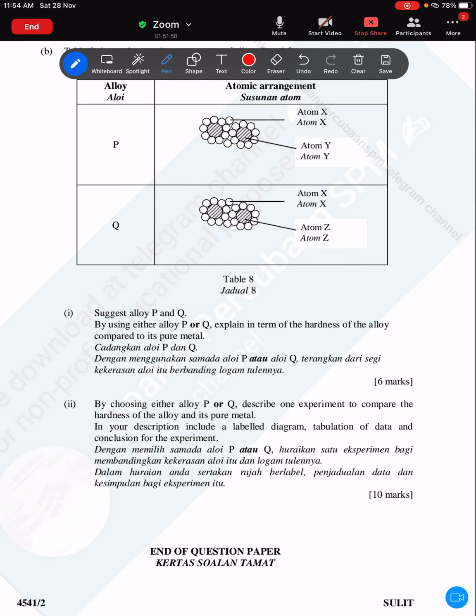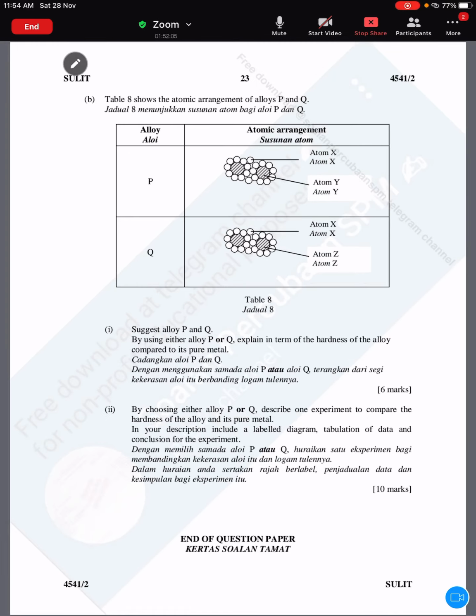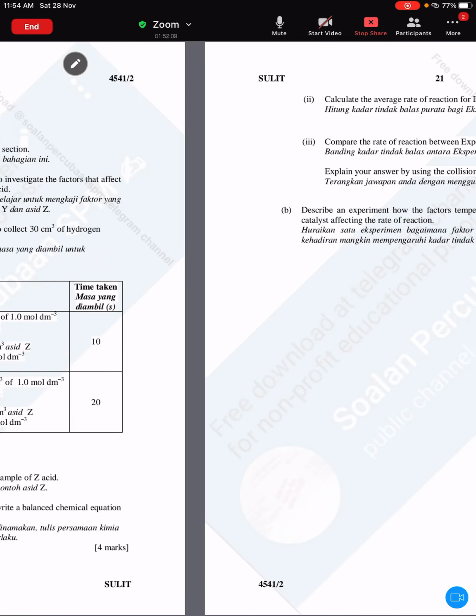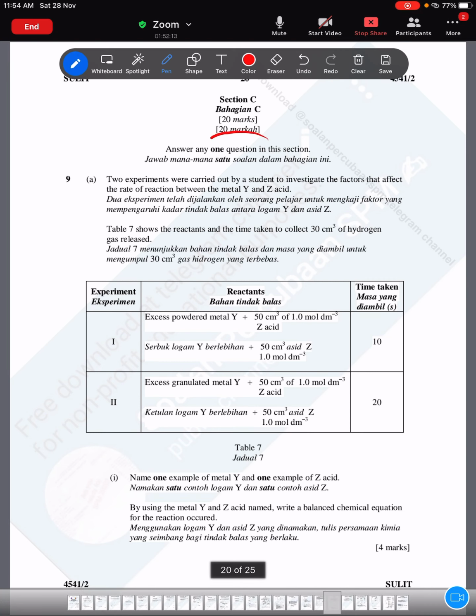Okay. So if you're done, let's move to the last question. Guys, during your SPM, you're only going to choose either one. Choose one question. You don't need to answer both. But for exercise purposes, I will do everything.